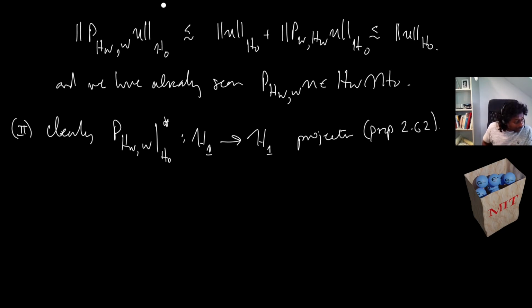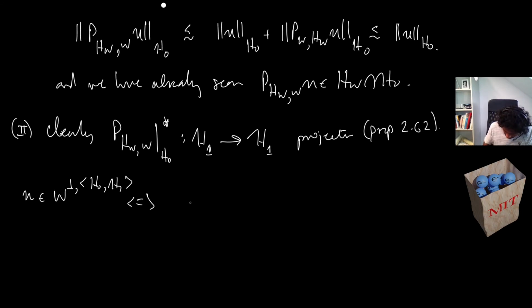And then we can try and compute the annihilated space. This calculation has already been done, but let's just remind ourselves. So if U is in W perp in H1, what does that mean?